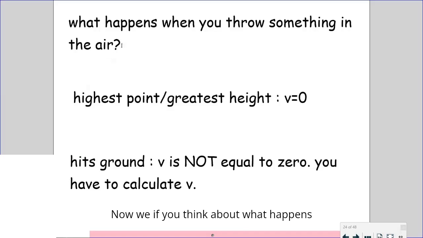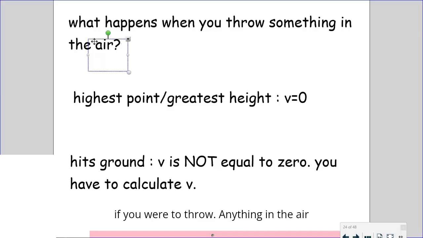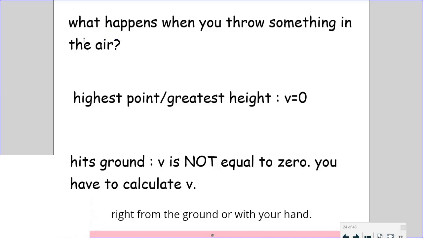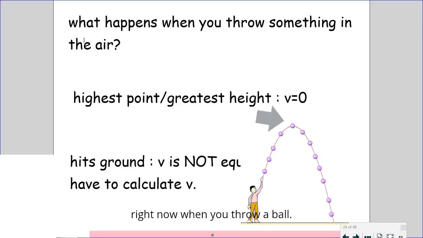Now, if you think about what happens if you were to throw anything in the air, from the ground or with your hand. Let's say you throw a ball in the air. After a while, it will come back to the ground because there's gravity acting on it. Now, when you throw a ball, at the highest point where the ball is, it will stop for a millisecond.